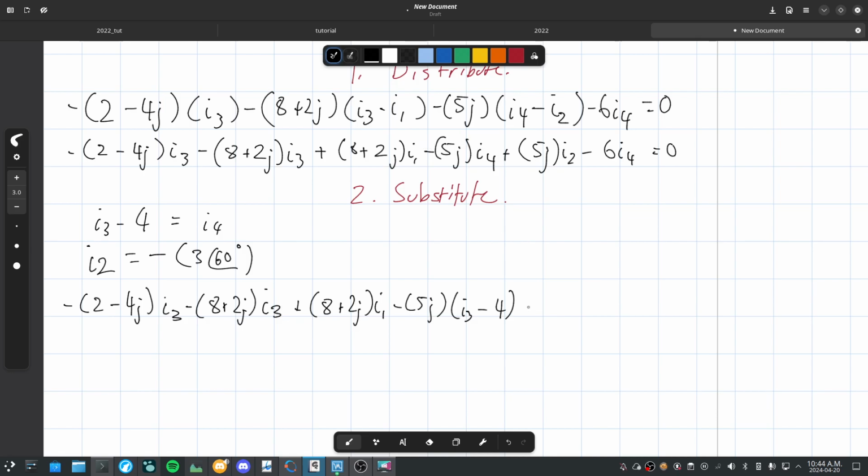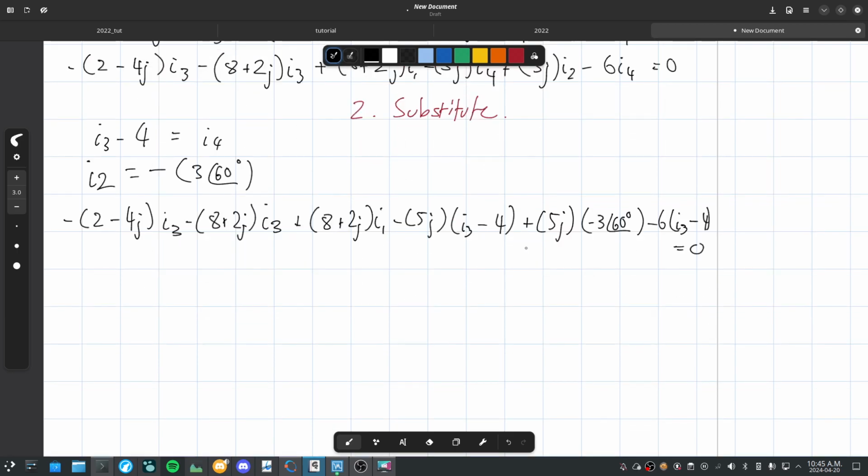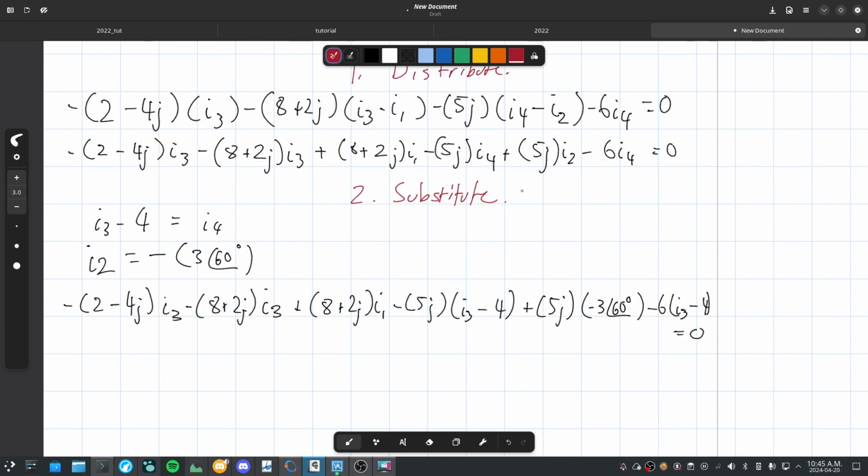Yeah, I3 minus 4 plus 5j negative 3 with a phasor of 60 minus 6 I3 minus 4 is equal to 0.